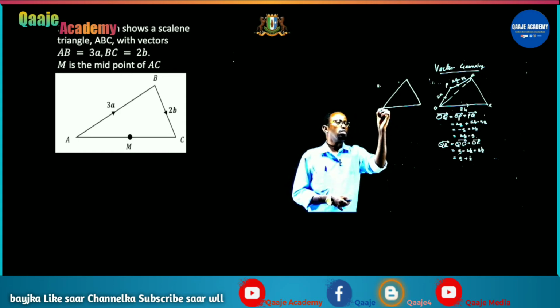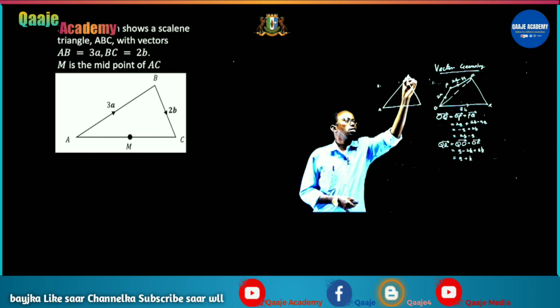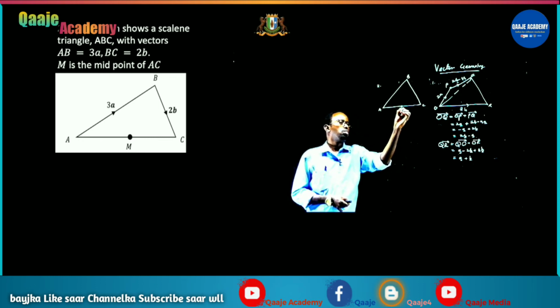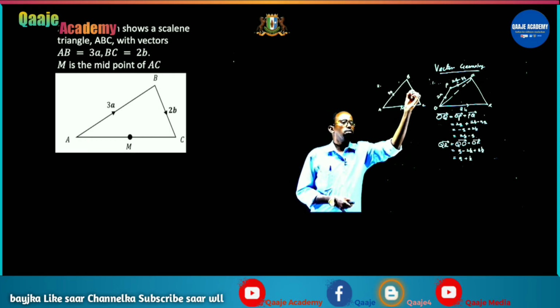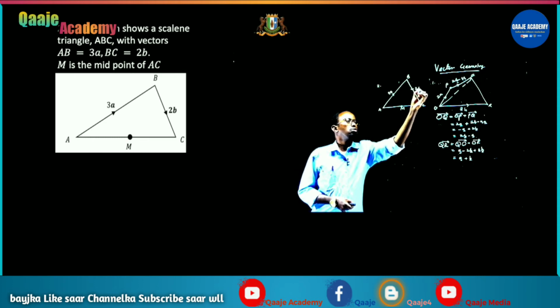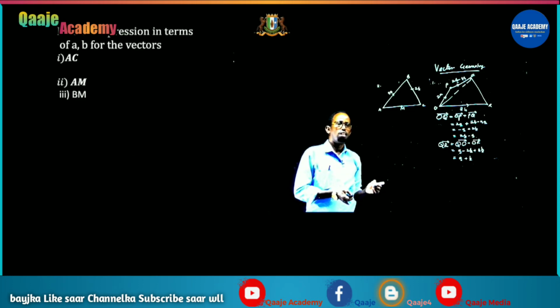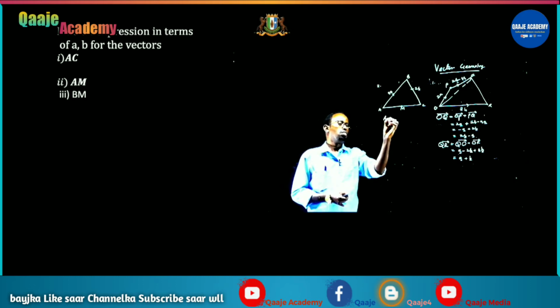This is A, and then B, then C. M is the midpoint of the line. Find an expression in terms of A and B for the vector AC.